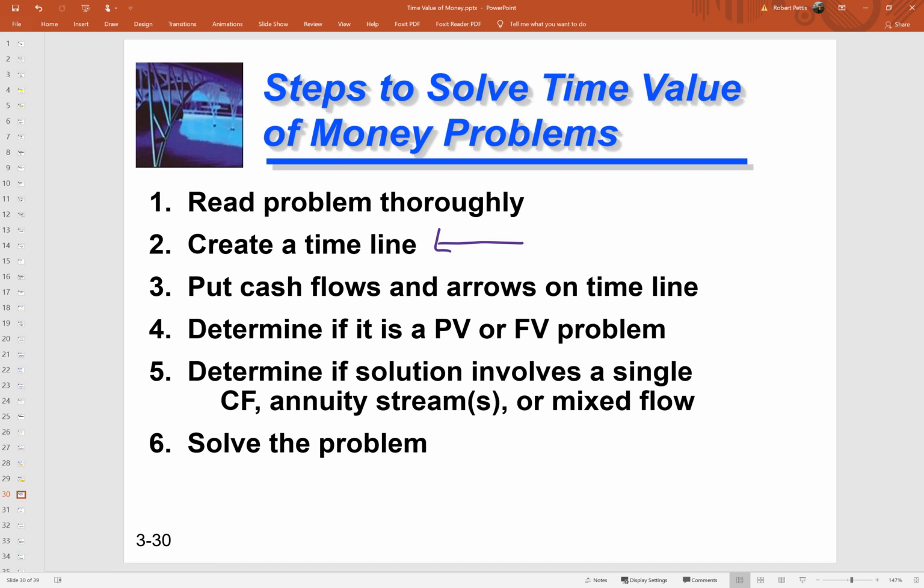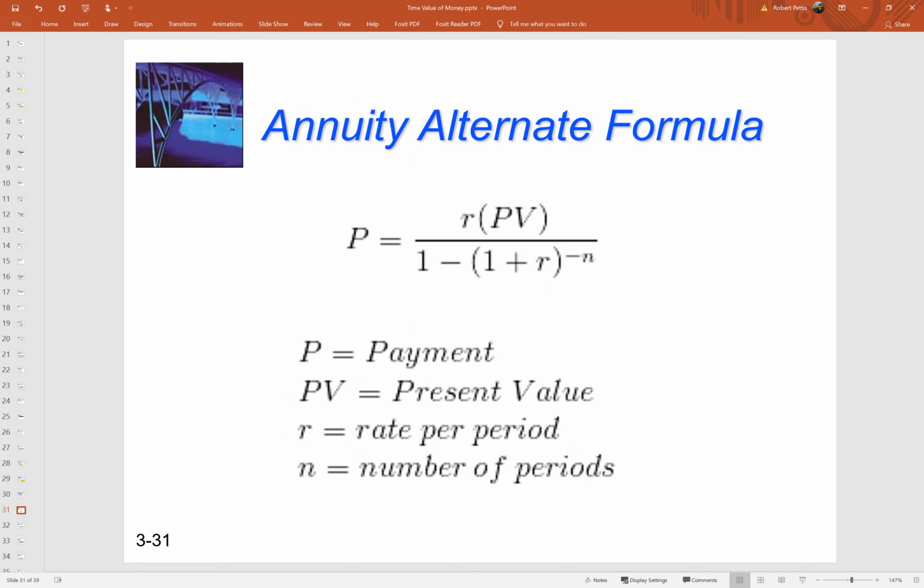And then do this, then do that. Once these start to get a little complicated, making a timeline is going to really help you through that. You're going to have to make sure that you know whether it's a present value or future value problem, so make sure you've put thought into that. Does it involve multiple cash flows? And once you've figured out all this stuff, work towards solving it.